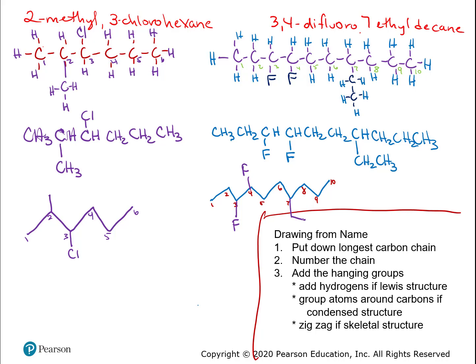That bend is a carbon, and the end of it is a carbon, so that's an ethyl group. So that's why I think it's actually easier to draw these, but just do the steps. Put down your longest chain first, however you decide to draw it, then number the chain, add the hanging groups. If you do a Lewis structure, you got to go back and add all those hydrogens.